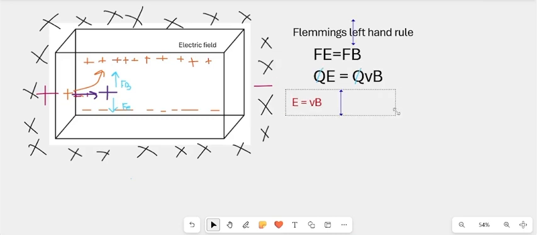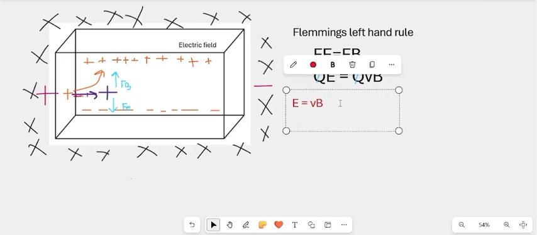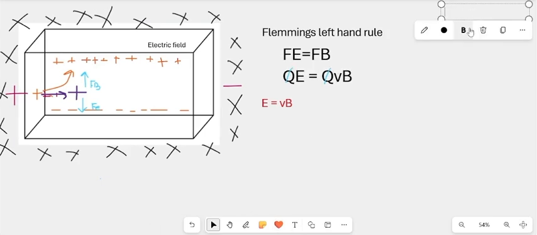Now we have to find out what this E is equal to. We are assuming that a uniform electric field has been set up. Once we assume that, there is one particular formula for the electric field that is specific to a uniform electric field, and that formula I will write here: E equals delta V divided by distance.